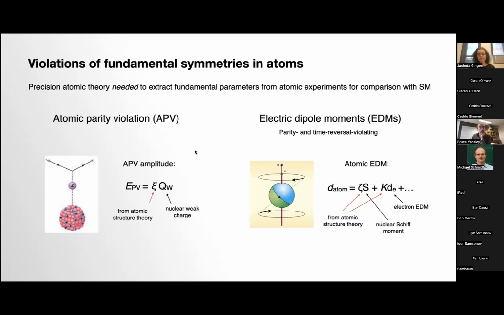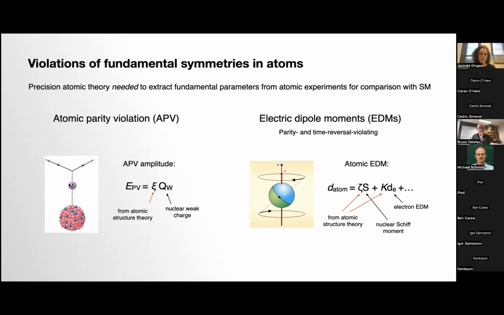Okay, so in these studies of violations of fundamental symmetries, in order to do these tests of the standard model and searching for new physics, atomic structure theory is required.